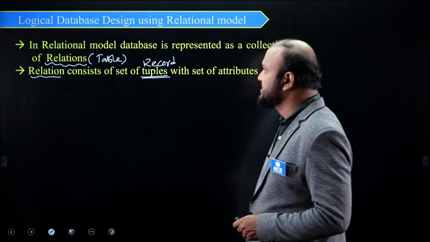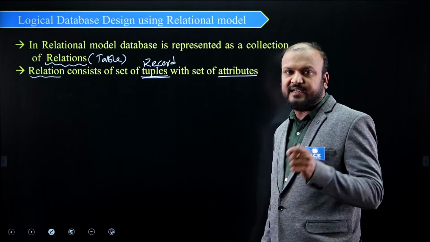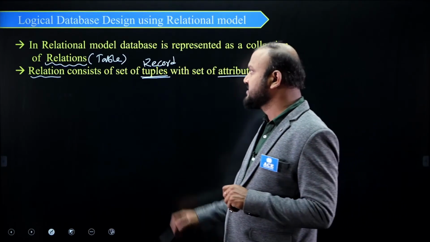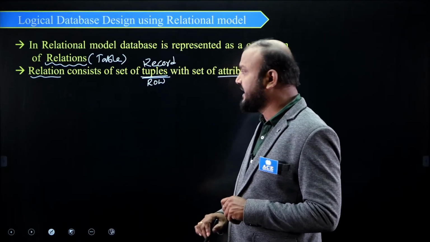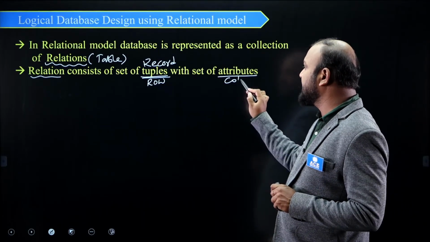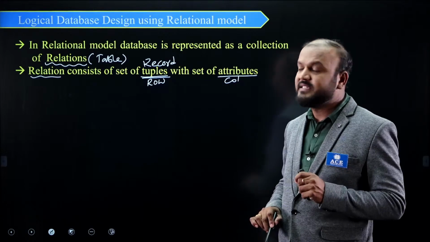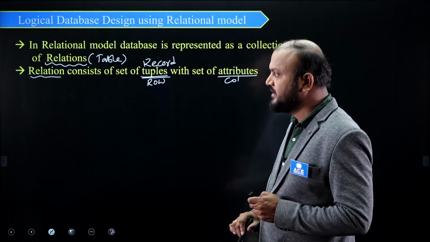What does a table contain? Records with a set of attributes. Generally a table consists of rows and columns. Each row we call one record, and each record is called one tuple. And the table contains columns. Each column is called one attribute of a tuple or attribute of a record.